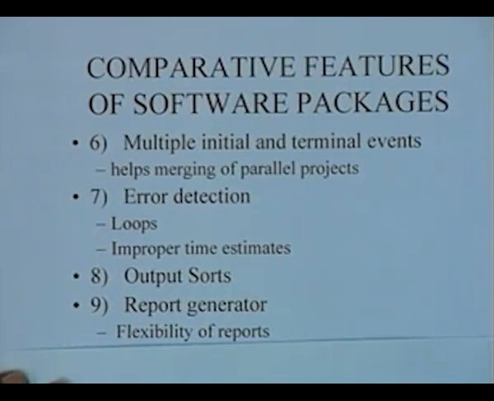You can specify that we can give you this and this and this. But if you want to get something else, a report generator would probably have the features, and with a little bit of programming effort, you could generate the report that you want.